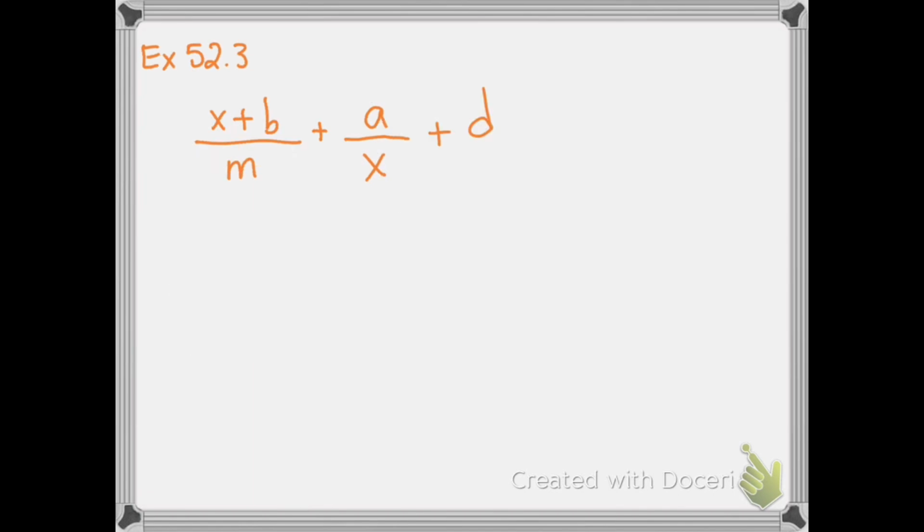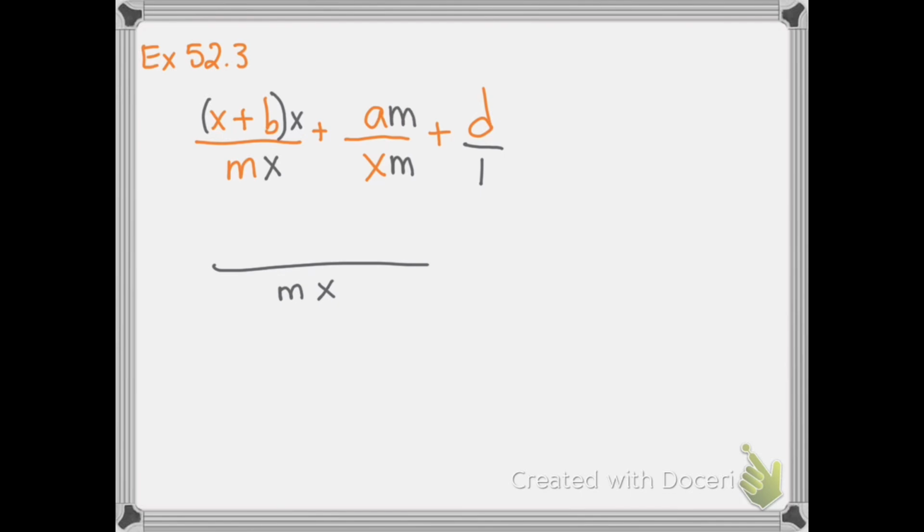In this next example, we do the same, but notice we have a denominator 1. So the least common multiple is mx, and that's the denominator we want for all of the fractions. So for the first one, we have the m, but we're missing the x, so I multiply the top and the bottom times x. For the second fraction, we are missing the m, so we are multiplying times m.